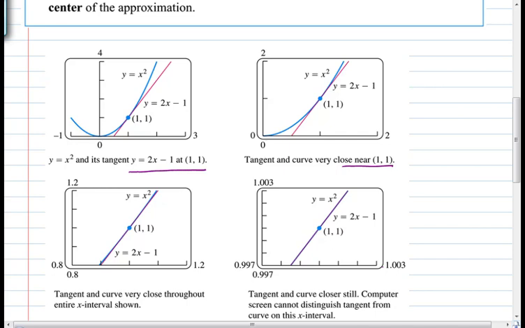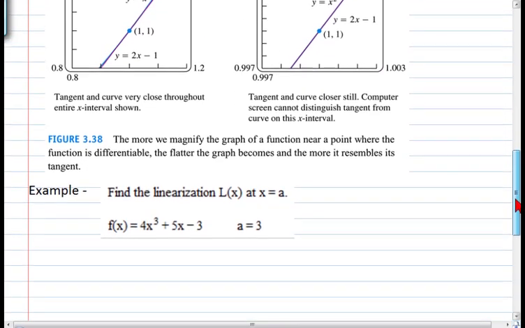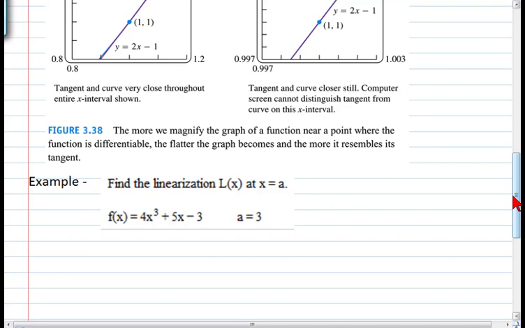Okay? So let's look at an example here. I want you to find the linearization of a cubic function at x equals 3. So we're going to go through the process. I need two things. I need the a and f of a.